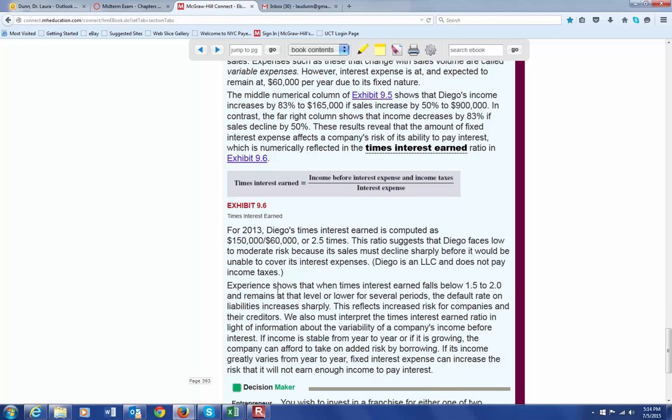Experience shows that when times interest earned falls below 1.5 to 2.0, then the default rate on liabilities increases sharply. So if this number is 1.5 to 2.0, the company is considered risky to invest in because there's a good chance they're going to default on their liabilities.